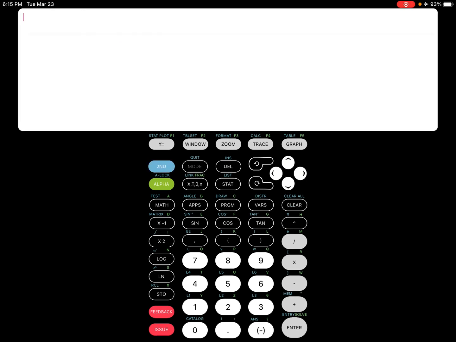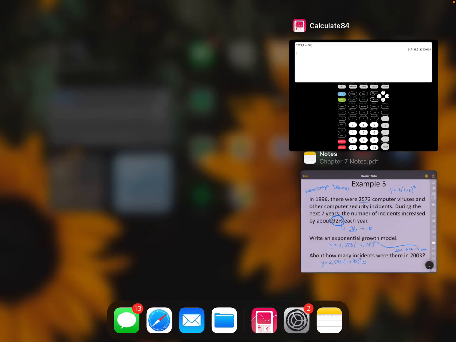So if we clear out what we have from the table stuff, we have 2,573, parenthesis 1 plus our percentage rate as a decimal raised to 7 years. And we are dealing with computer viruses and other security incidents. So if we round this up, we have 247,485 computer viruses.